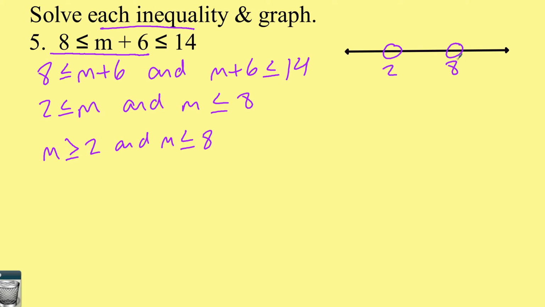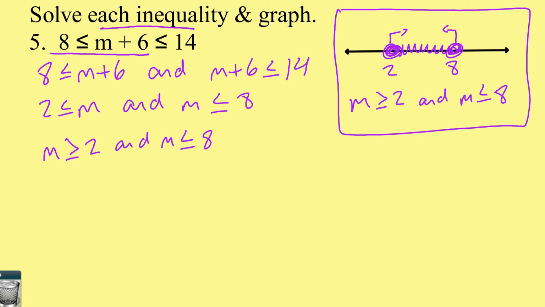And statement, we're shading the overlap. So we want everything greater than or equal to 2 and everything less than or equal to 8. The overlap of those two is going to be everything in between. So this is exactly how I would expect you to write your two answers. You have your graph answer up here and your inequality answer.